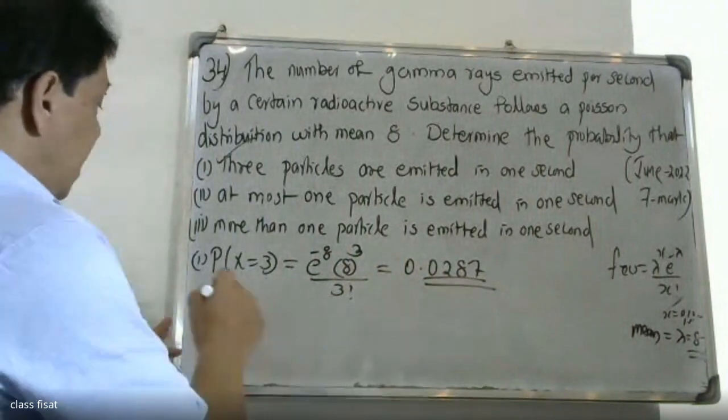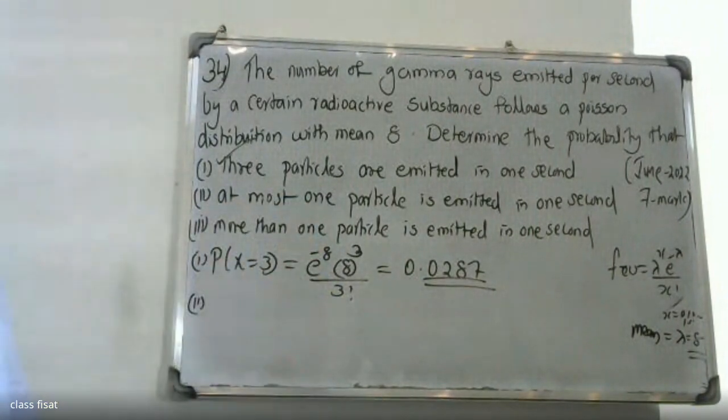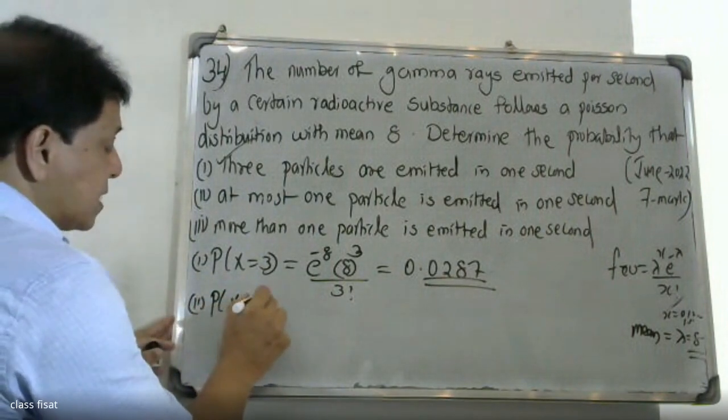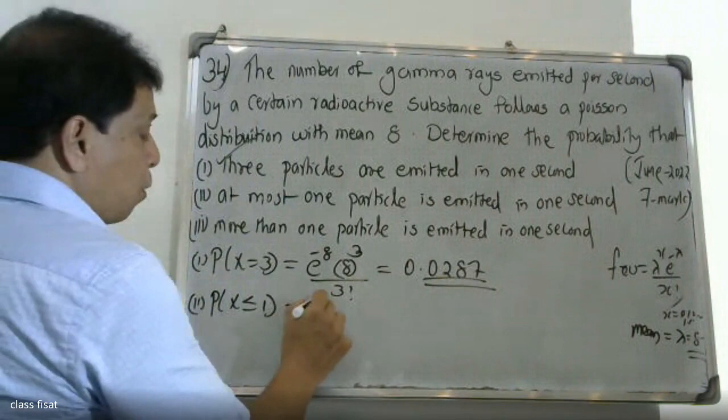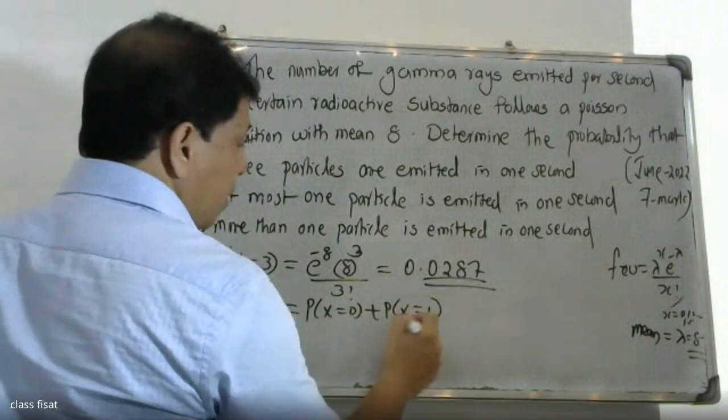The answer is 0.0287. The next problem is that at most 1 particle is emitted in 1 second. At most means probability of x less than or equal to 1, which is the probability of x equal to 0 plus the probability of x equal to 1.